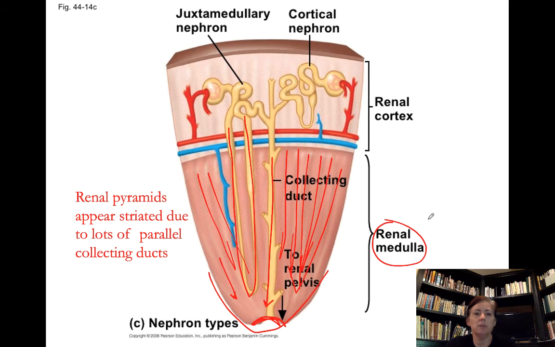They have the ability to absorb lots more water as they travel through that long loop of Henle, so the resulting urine is a lot more concentrated. So here's our little cortical nephron, located just in the cortex of the kidney. Here's our juxtamedullary nephron with its really long loop of Henle that dives down deep.